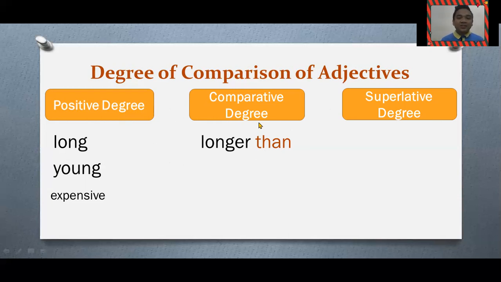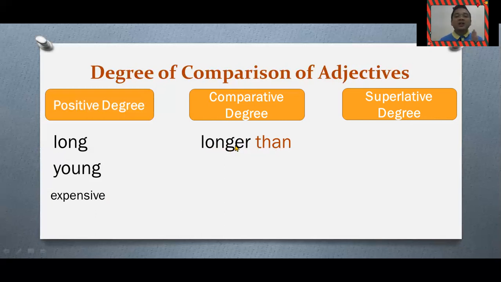Now, let's go back to syllables. When you say syllables, the count of every word. Say, for example, long. How many syllables are there in long? Just one syllable. Now, when the adjective has only one syllable, all you need to do is add er and then the word than.